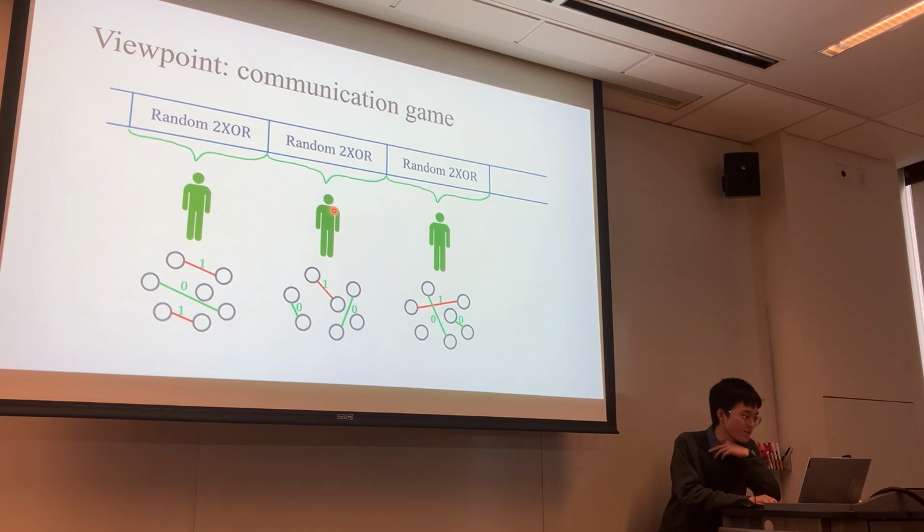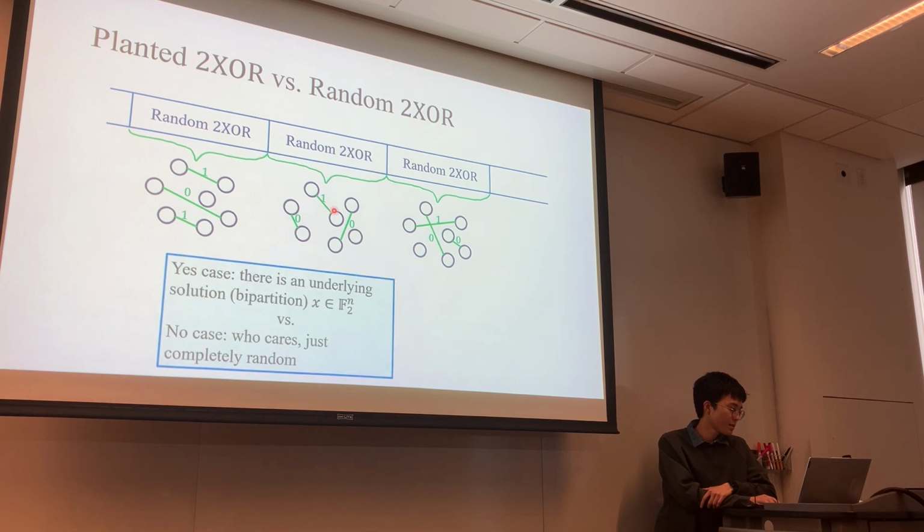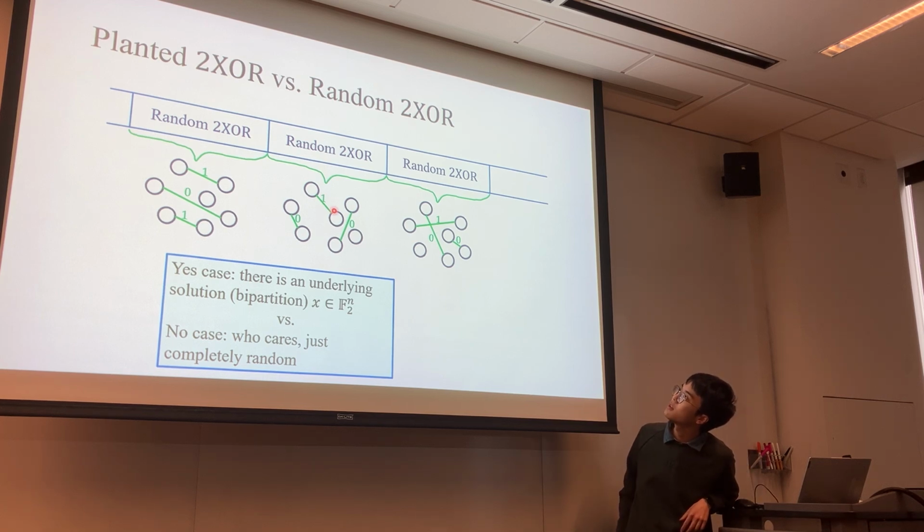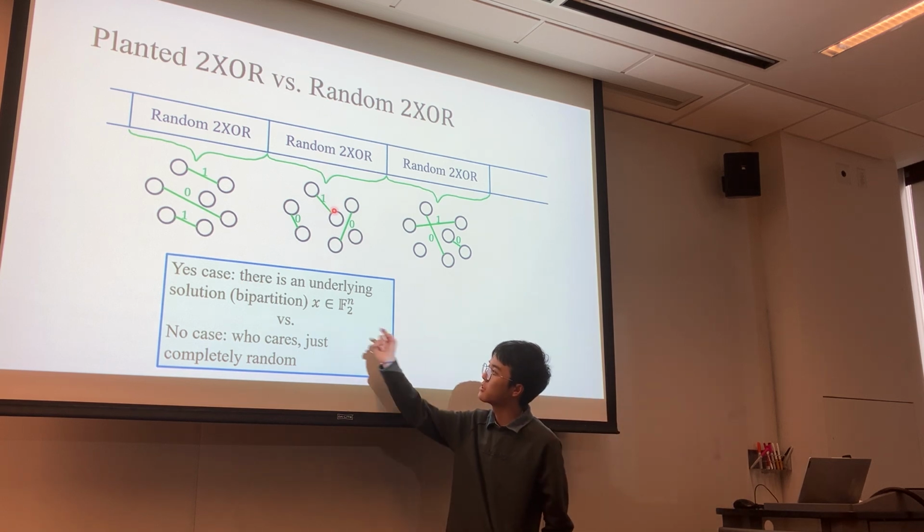Given an XOR instance, we can transform it into a matching by taking only the edges where the labels are 1. So if we consider that there is an underlying solution to the whole system of XOR equations, then all those edges labeled 1 are actually cut by this bipartition given by the solution.